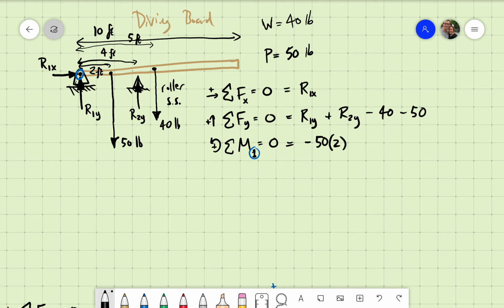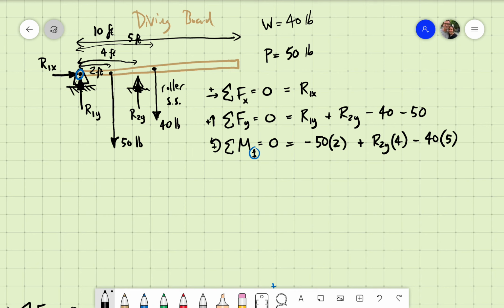We are going to list R2y. It is going to be positive, and it is going to be times a distance of 4. It's positive because it goes that way, which matches with the positive direction. And then we're going to have a negative 40 pounds times 5 feet.